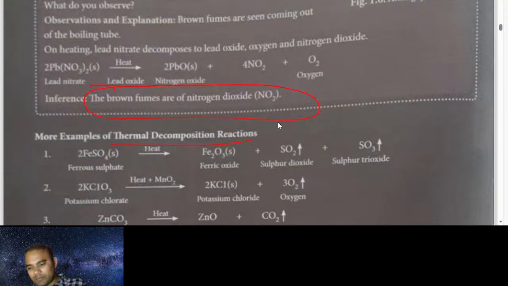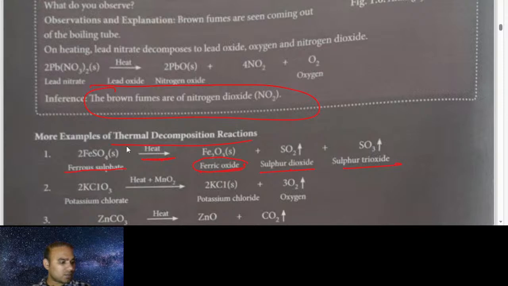So dear student, the first example of thermal decomposition is ferrous sulfate. This ferrous sulfate is going to decompose on heating, it will convert into ferric oxide, SO2 and SO3. So ferrous sulfate is converting into three compounds: ferric oxide, sulfur dioxide and sulfur trioxide.